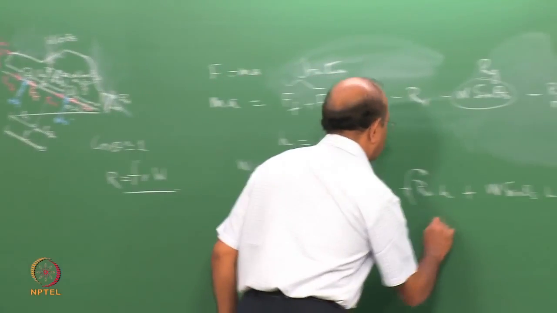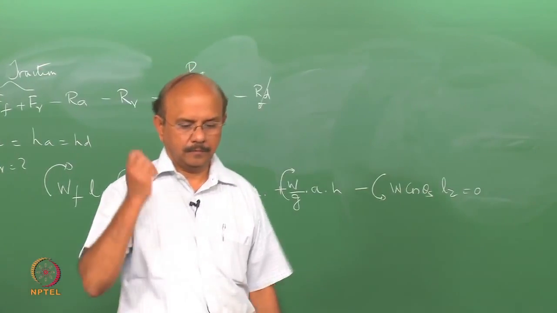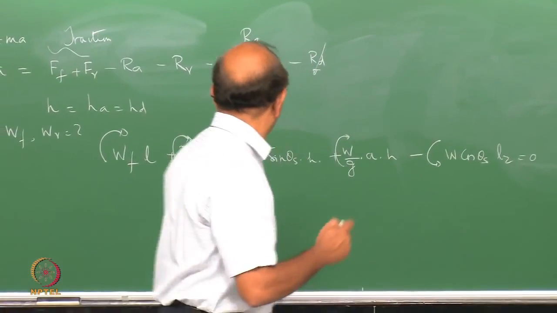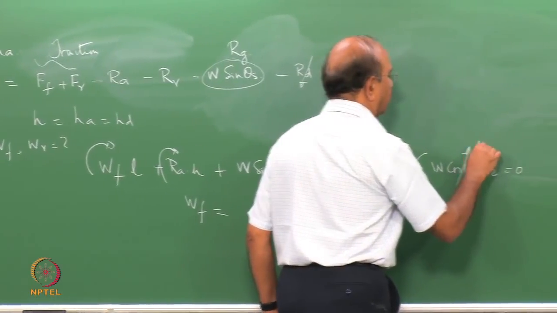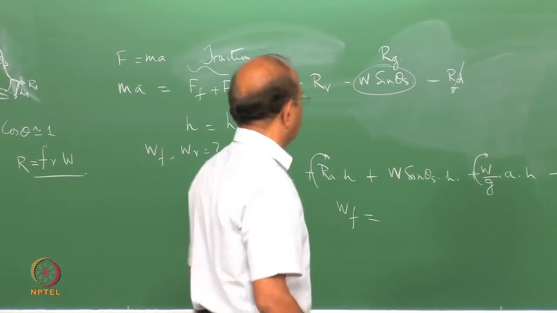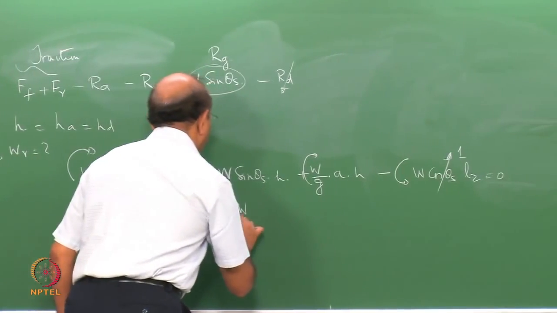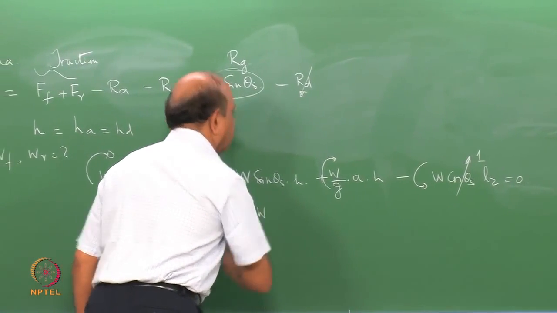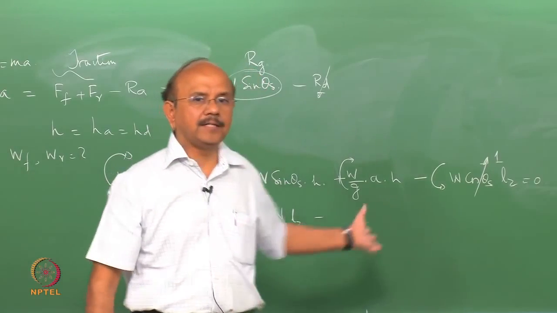So write down, and the other thing which we said is that we will make this cos theta equal to 1, sin theta we will retain, so that we will get W by L into W L2 minus the rest of the quantity.